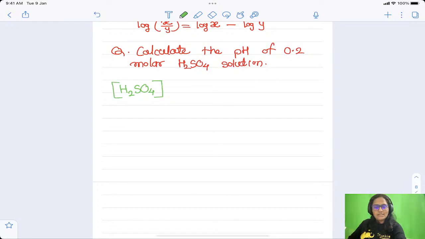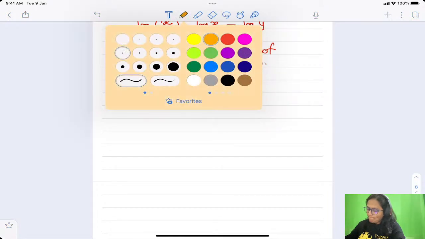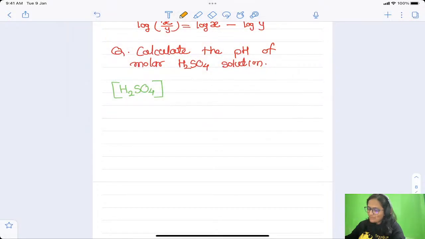Therefore, whatever is the concentration of H2SO4, just a minute, guys. The pH of 0.5 molar H2SO4 we will see.